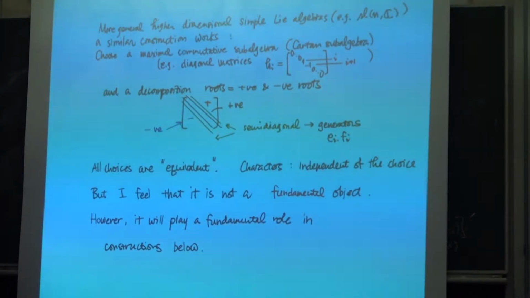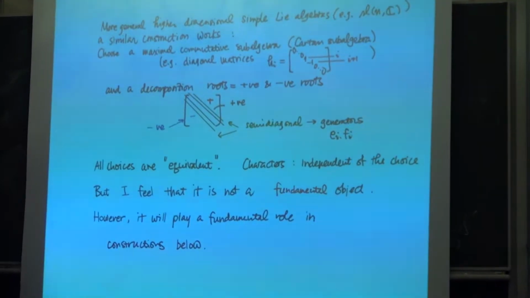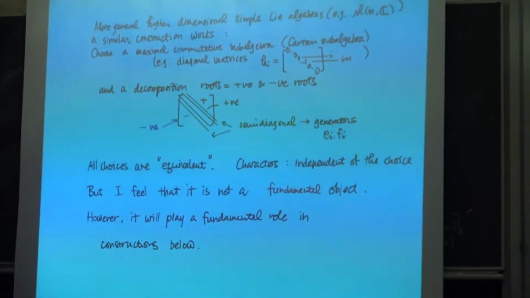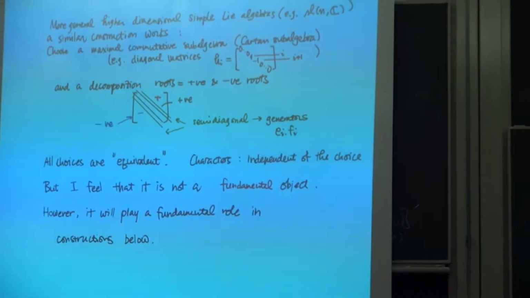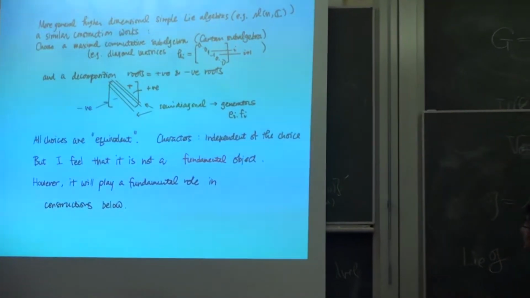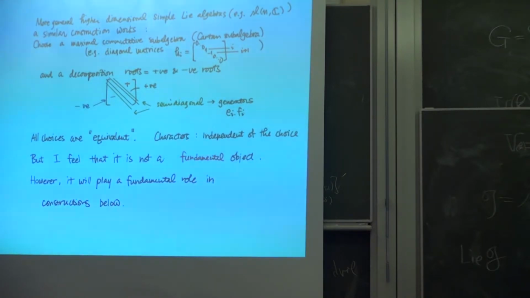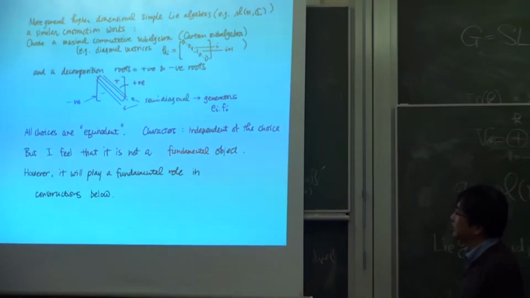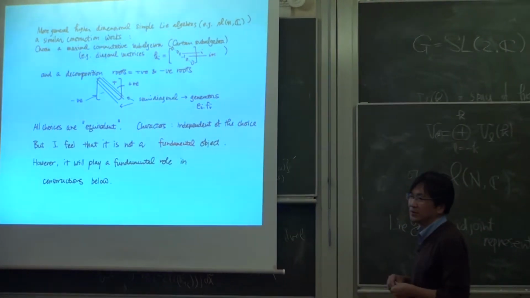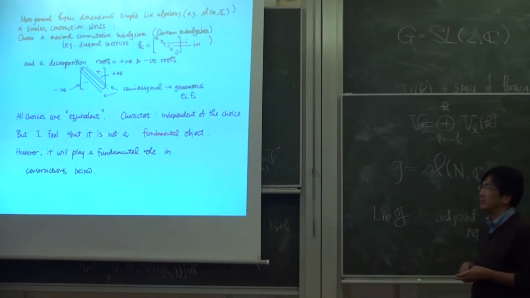But I first learned this theory, and I still didn't like it at all, because again the choice of base is not a fundamental thing, and it's rather strange that that kind of notion is very crucial in this representation theory.